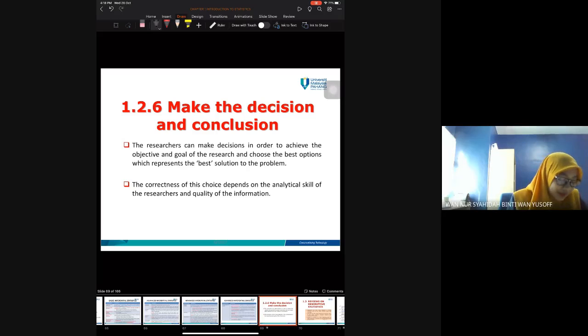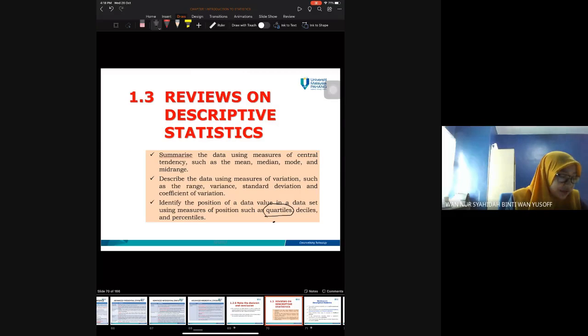So we go to the review of the descriptive statistic, a summary of the topic for this week. Descriptive statistic is one of the methods we can use to analyze the data, a simple value that we calculate to analyze our data, and then we interpret our data based on that value.